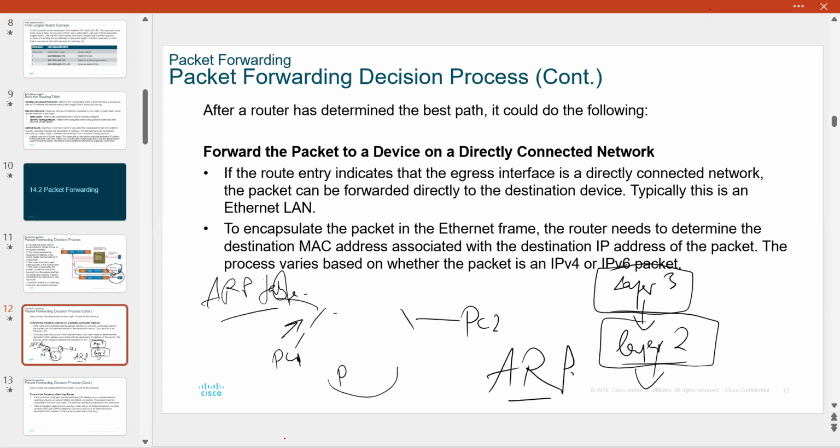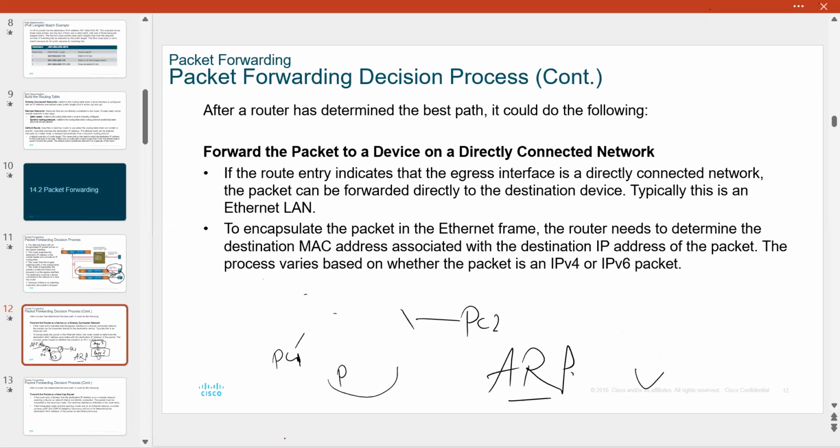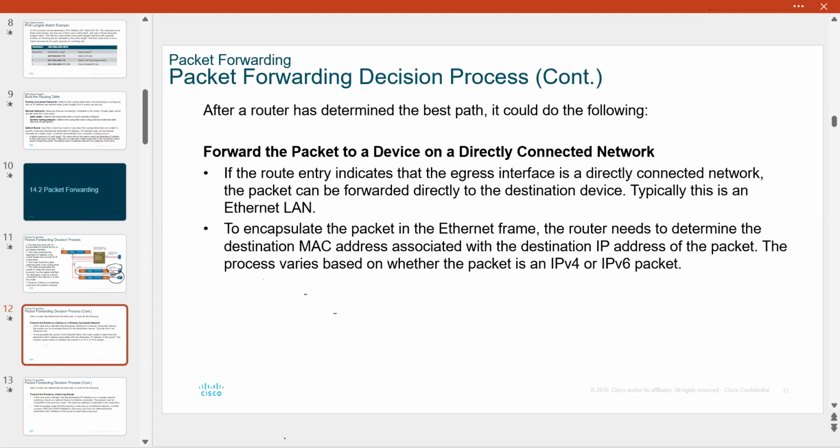Right. So that is what is being explained here. To encapsulate the packet in the Ethernet frame, the router needs to determine the destination MAC address associated with the destination IP. The process varies based on whether the packet is IPv4 or IPv6. With IPv4, we have ARP.